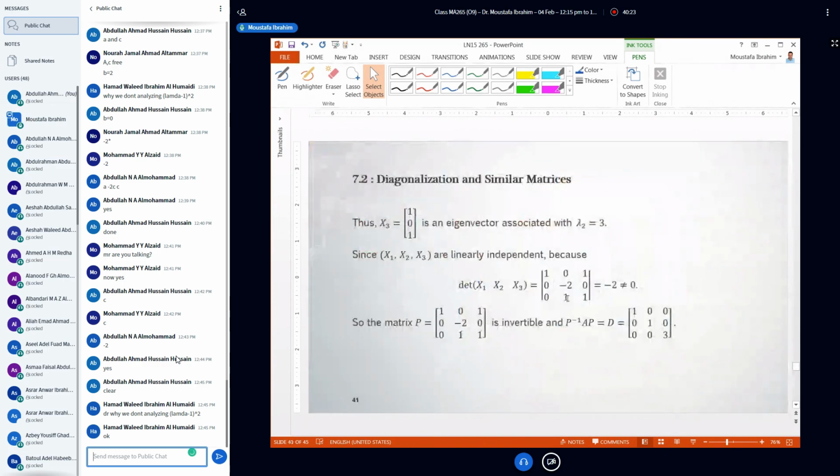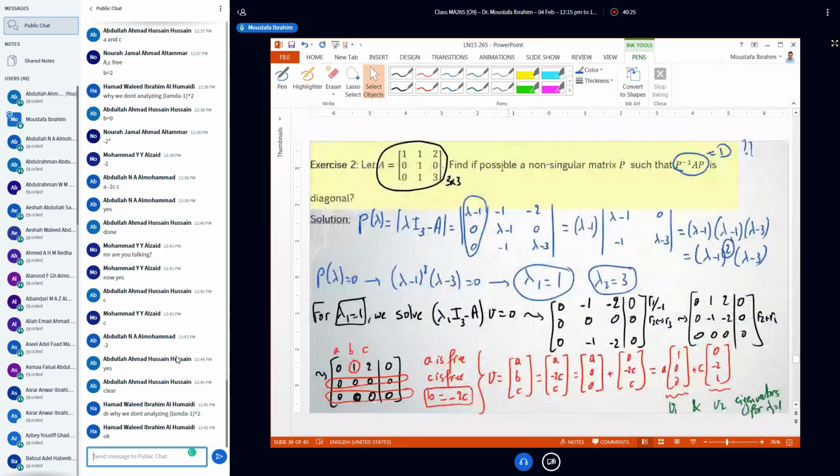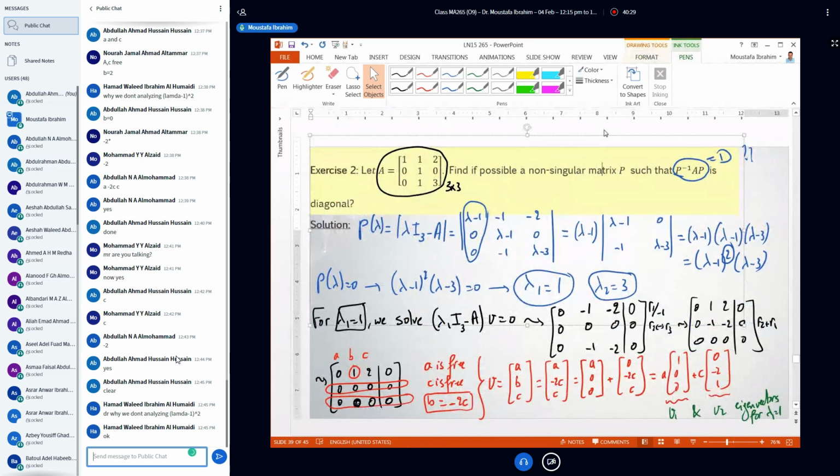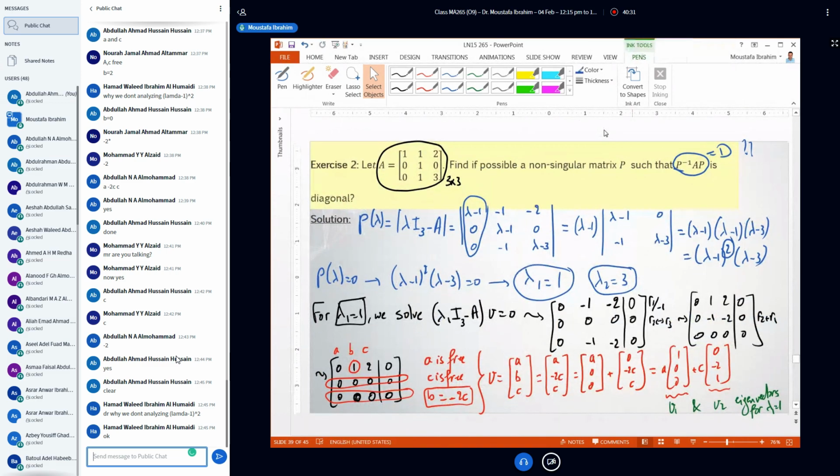Now, guys, look at the question. We didn't answer the question yet: find a non-singular matrix P. How to find this matrix P? We have seen this one before.